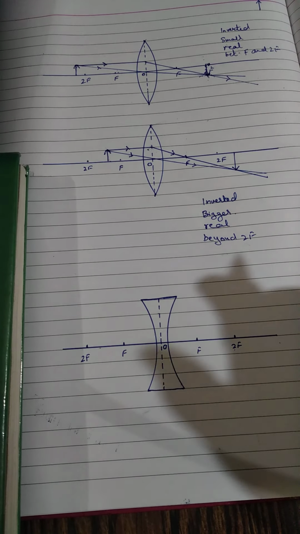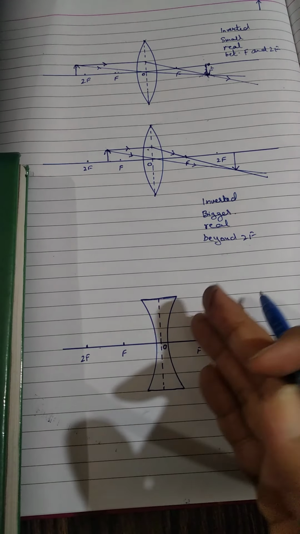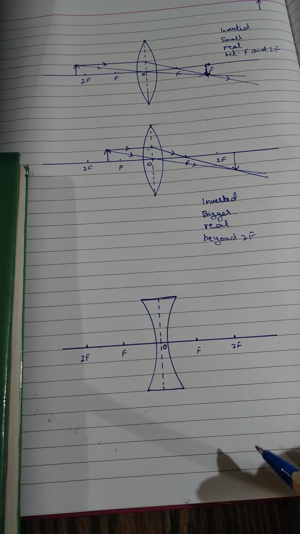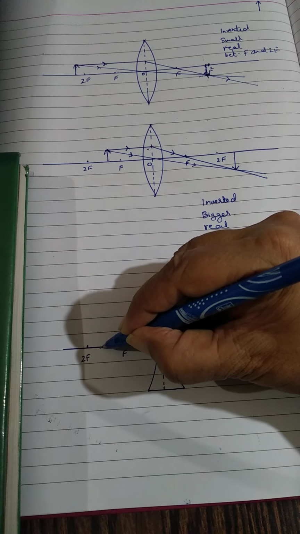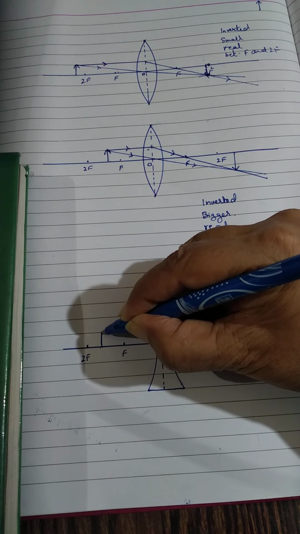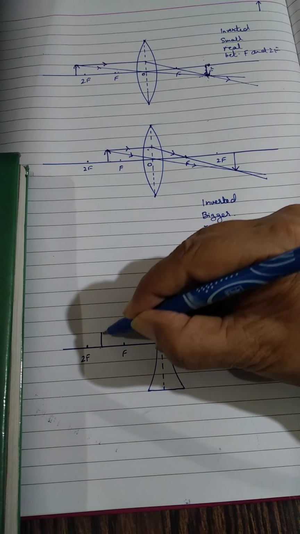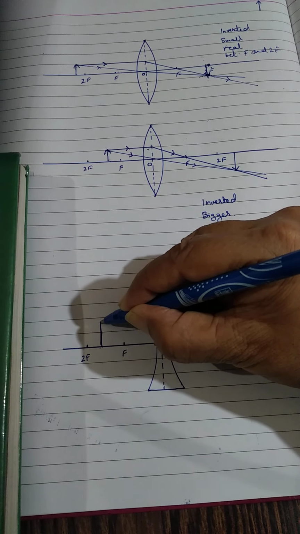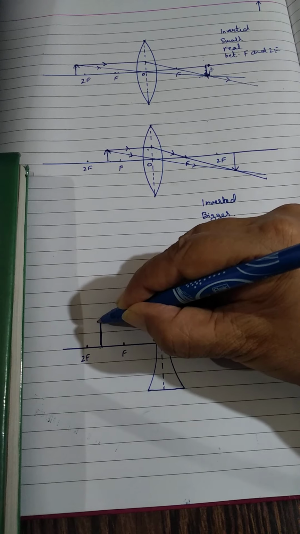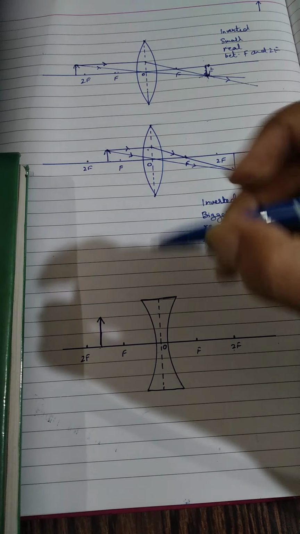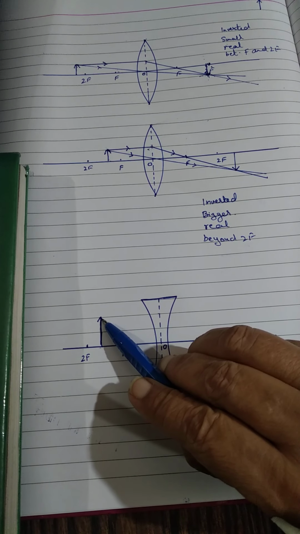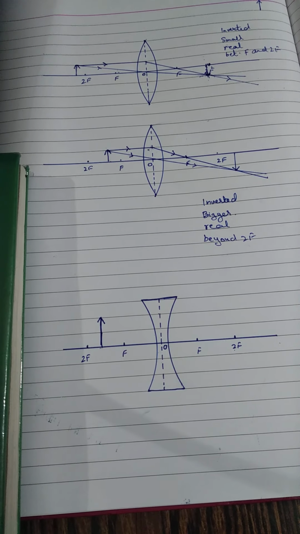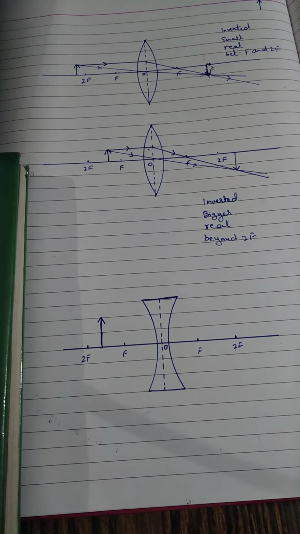Fine. Now let us keep an object in front of the concave lens. It can be placed anywhere. Let me draw the object a little bigger so that the diagram is clear to you. I have drawn the object here.